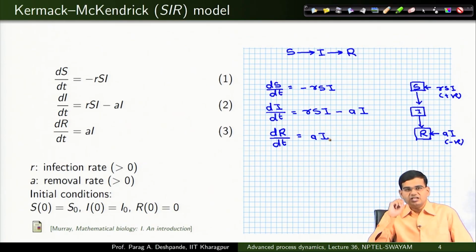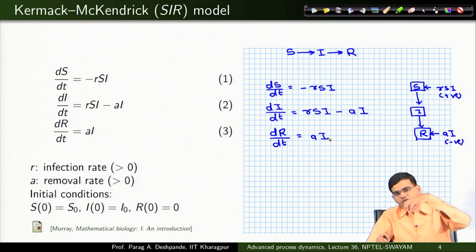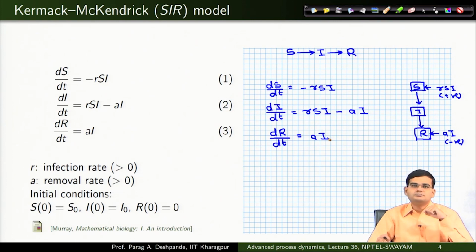Since I have 3 dynamical equations, I should have corresponding initial conditions as well. So, how does this whole situation of an epidemic or pandemic typically work physically? You have a population, and in that population you introduce some infected members.